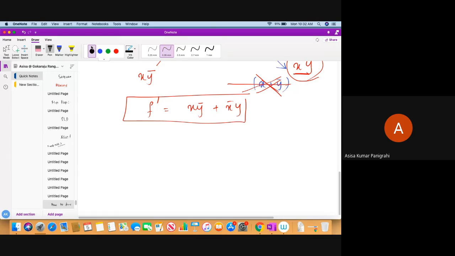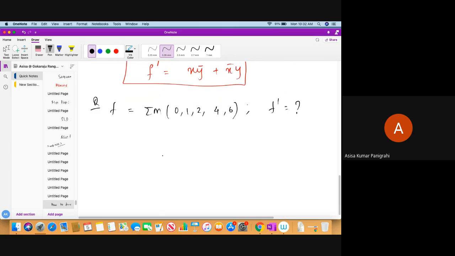Let's say the question is: given function f, which is summation of m 0, 1, 2, 4, 6, find f bar. How many variables is this?